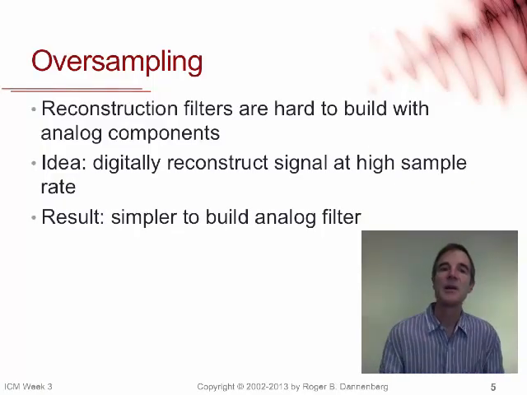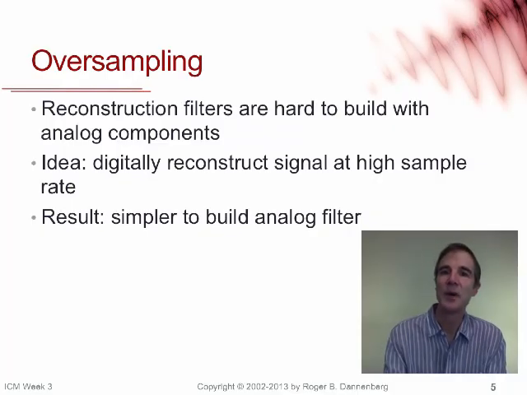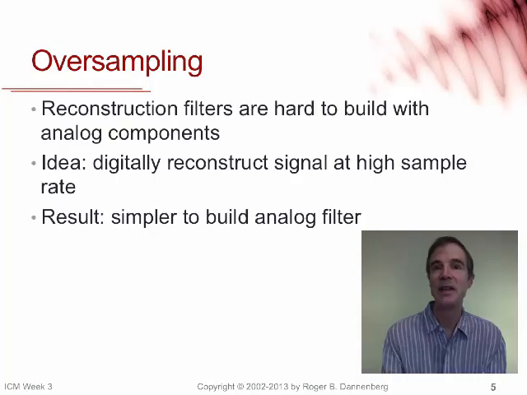Now I want to talk about oversampling. Oversampling is a technique that was developed to address the problem of building analog filters to do the pre-filtering and the reconstruction. You may remember from our description of A to D and D to A conversion that filters are involved.